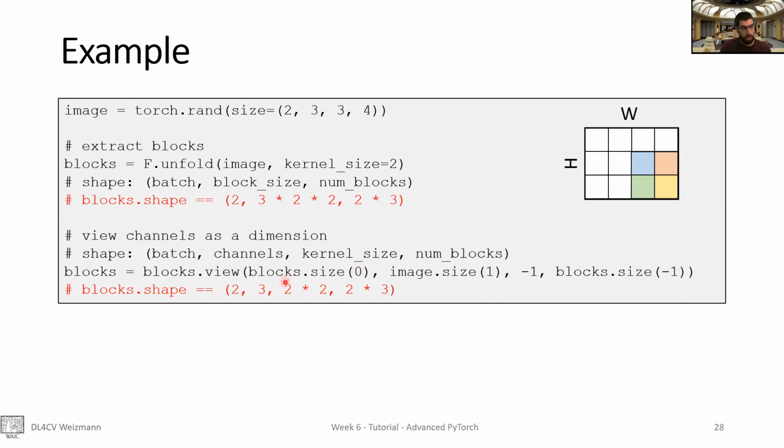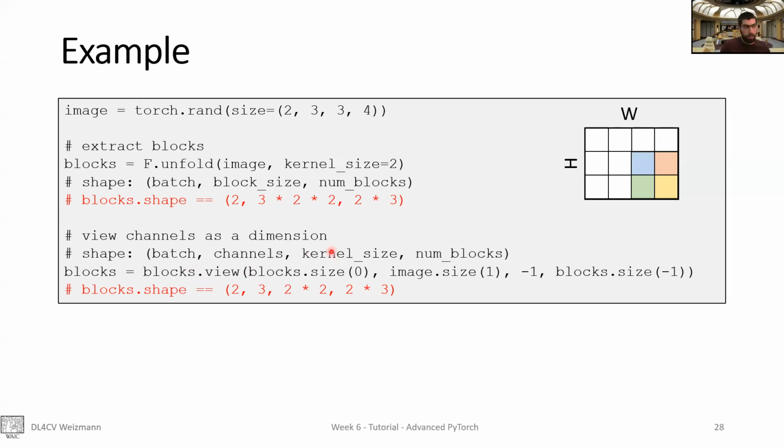You want the channels in a separate dimension and apply something of size 2 by 2 on each channel separately. You will also find it useful in the homework. So when you want to apply something on each channel separately, you should extract the channel before the kernel size because of the memory alignment.